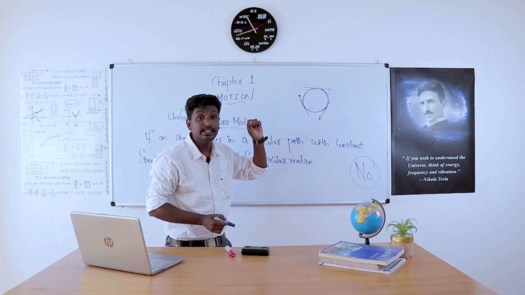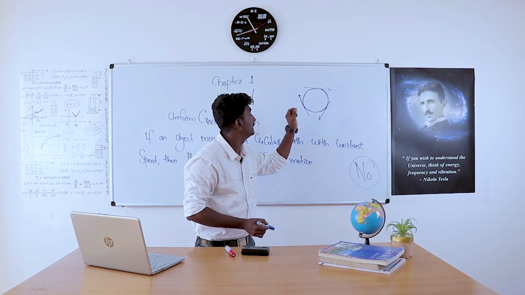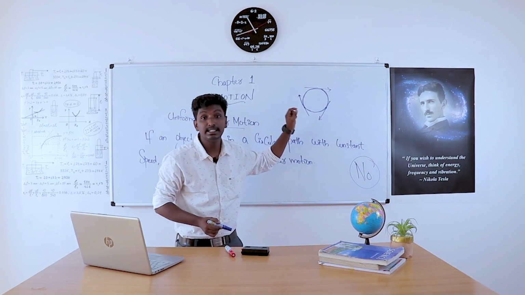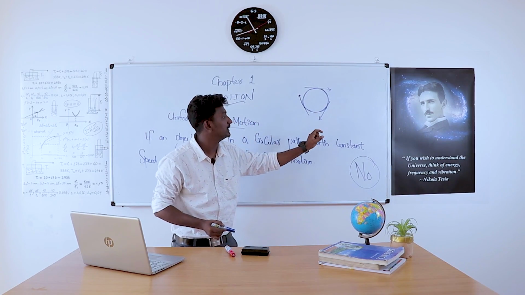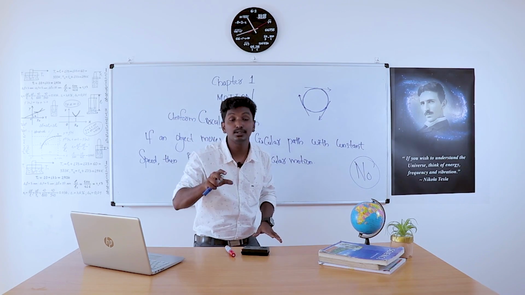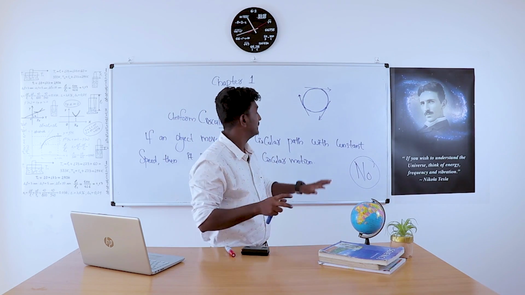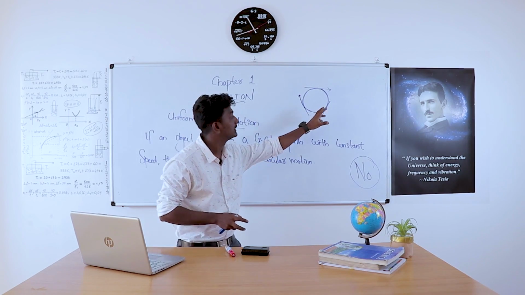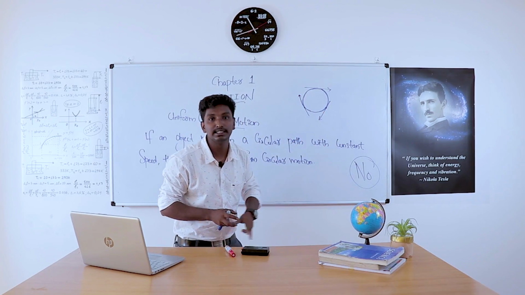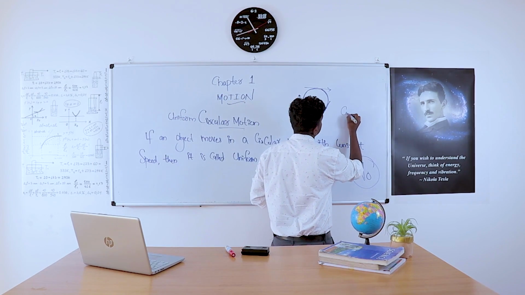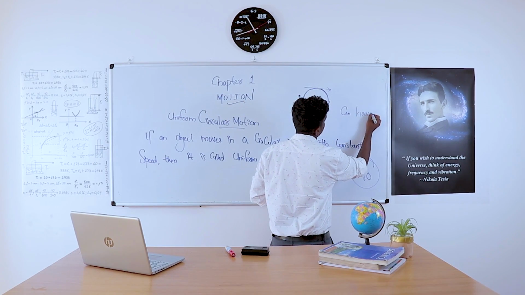That means in circular motion, the direction of the object is changing at every point. Only the magnitude remains constant. Direction is continuously changing. Therefore, this object can have acceleration.